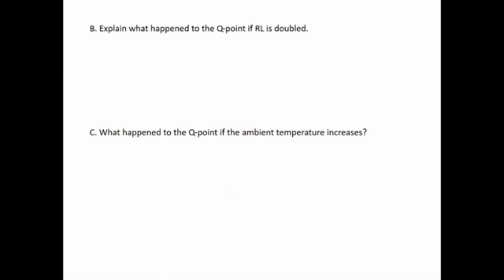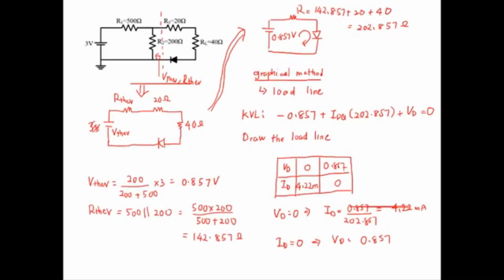The second sub question is to explain what happened to the Q point if RL is doubled. In order to answer this question, you need to understand where the RL affects the solution. The RL affects the solution in the load line. RL is here.